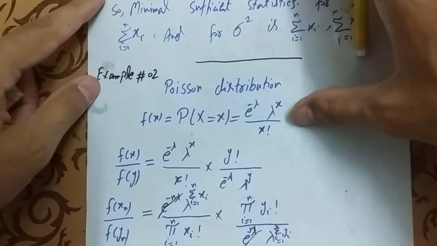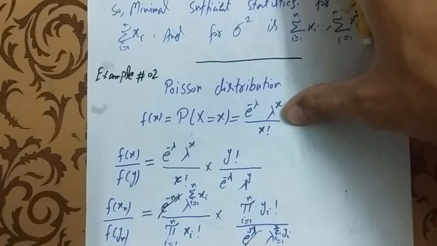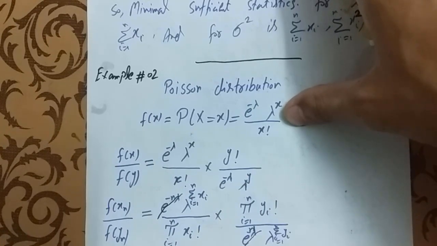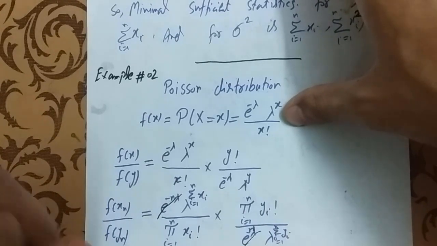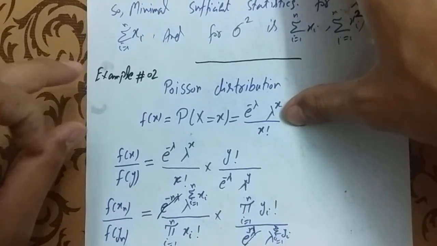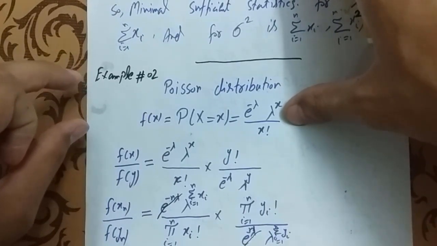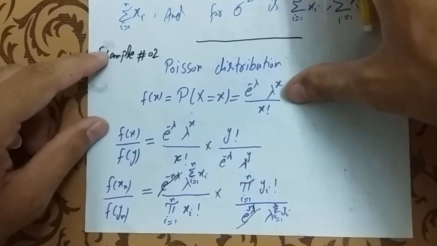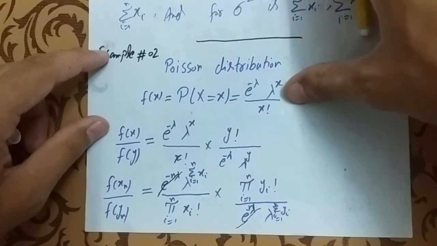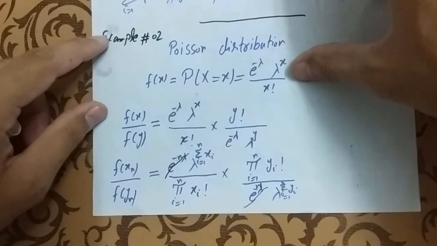Now first we check whether this Poisson distribution has a minimal sufficient statistic or not. We check the criteria for minimal sufficient statistics, which is the Fisher-Neyman theorem.